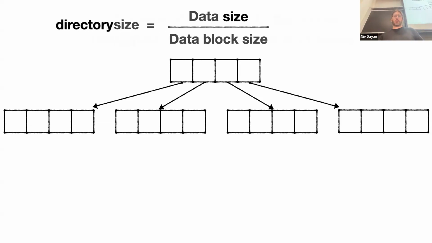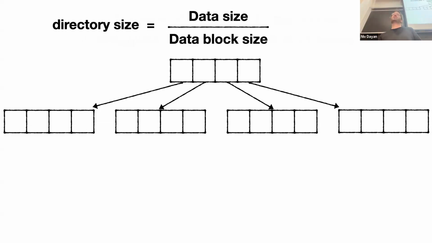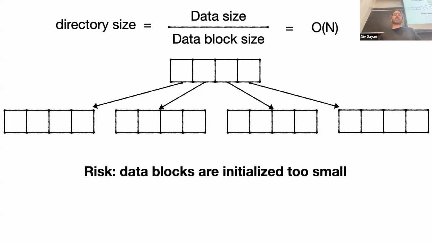So far I've assumed that all the data blocks have the same size. Assuming that, what's the size of the directory? It's going to be something like the whole data size divided by the data block size. That might be okay in some cases, but what's the risk?